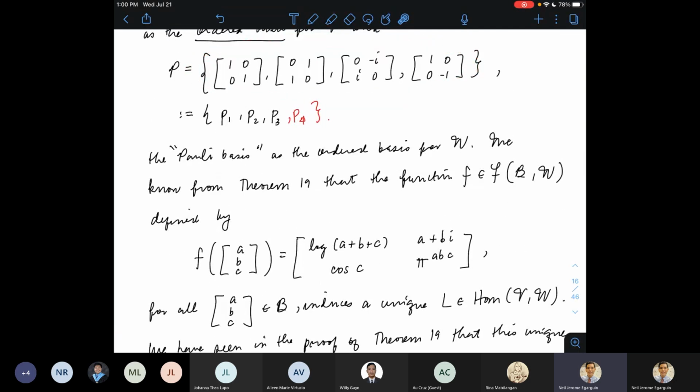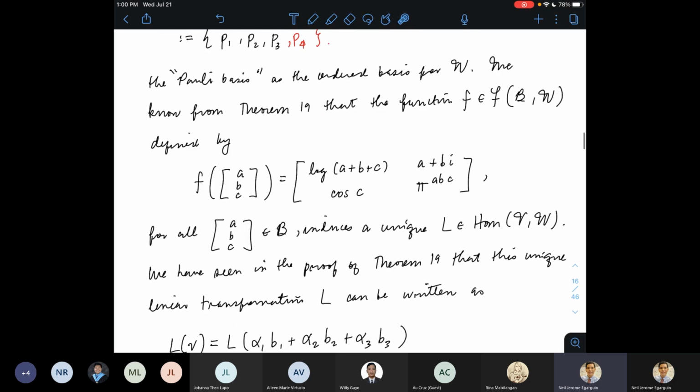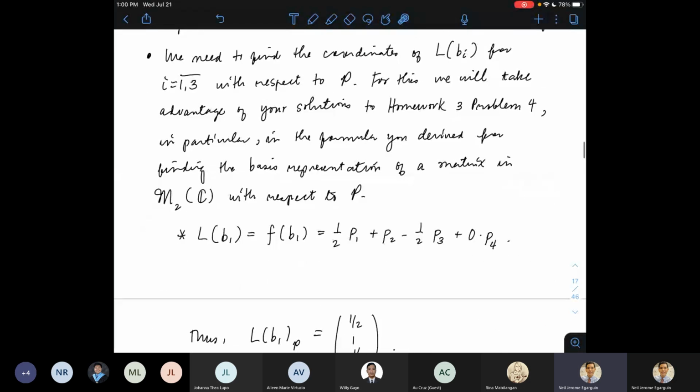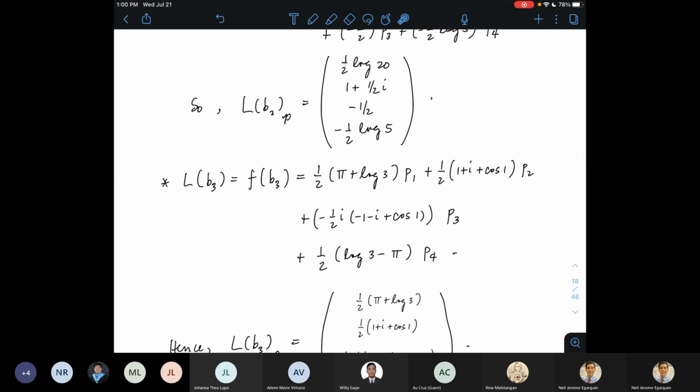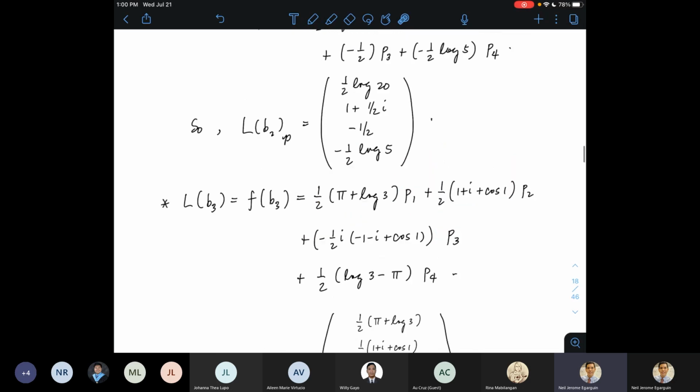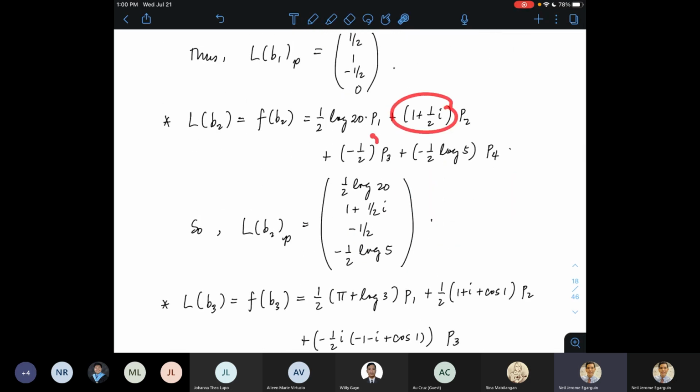Okay. Again, you can consult your answers in homework 3 problem 4. In case you didn't get homework 3 problem 4 right, you can take a look at the answer key I provided. That's how you will get, this is your first coordinate, this is your second coordinate, third coordinate, and fourth coordinate. Okay? And so the second column for the matrix representation will be this guy.